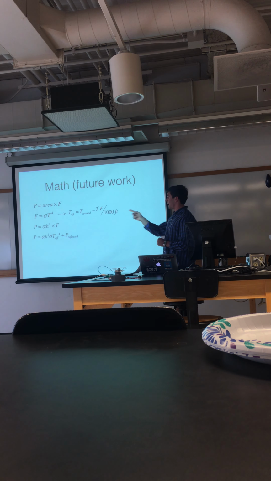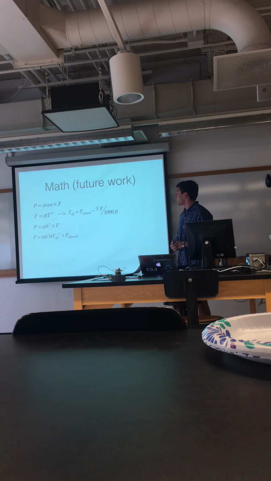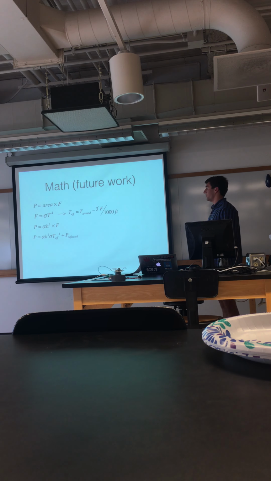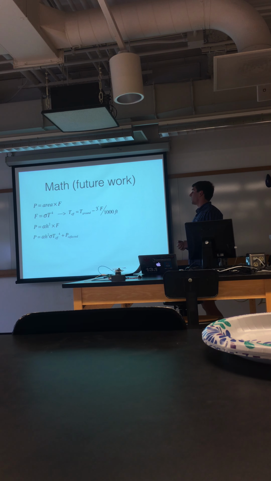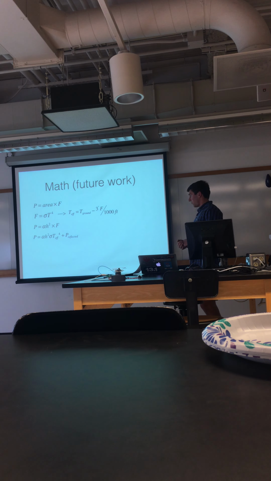So like I said, the power equals alpha h squared times flux, where alpha is related to the field of view of the PIR. The final equation, power equals alpha h squared sigma, where that's Boltzmann's constant, T to the fourth, plus another term, T reflected.